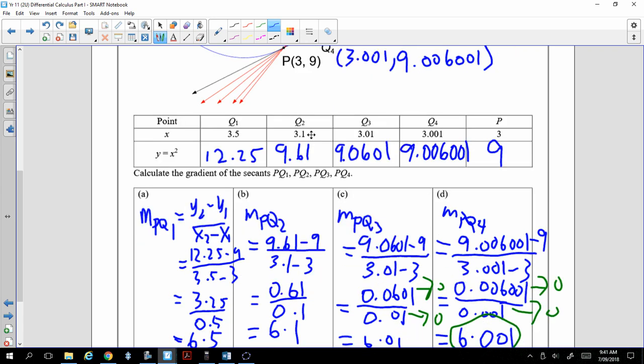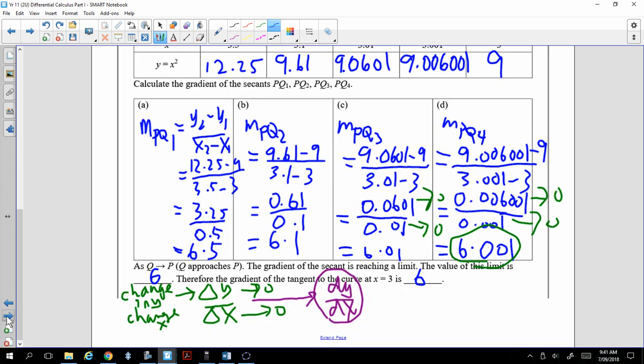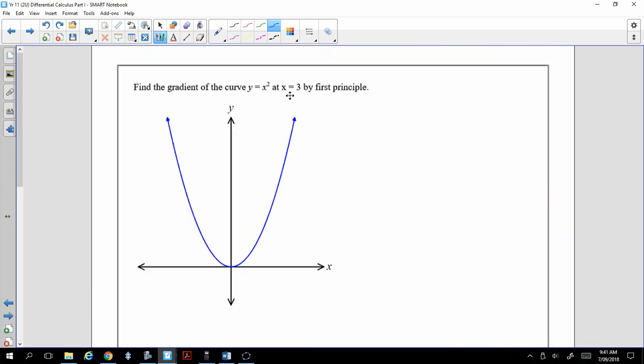So what you do is this. We start off with a point 3, right? What's the y value? You substitute 3 into x, the y value is 9. Does that make sense?